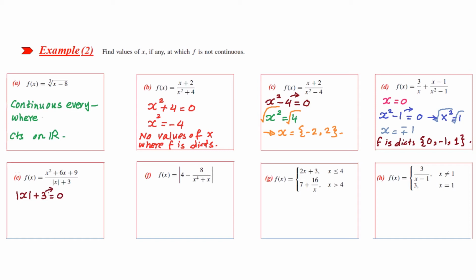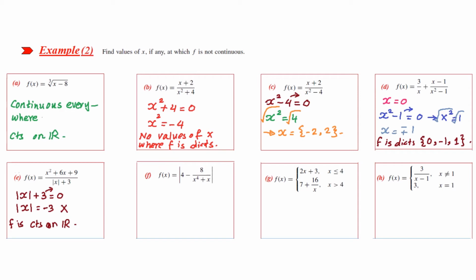By moving 3 to the right hand side, we have absolute value of x equals negative 3, which is an incorrect statement. So there are no zeros for the denominator, and hence f is continuous on R, or everywhere. There are no values of x at which f is not continuous.